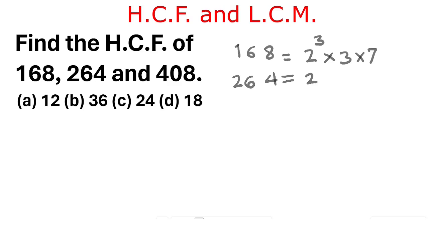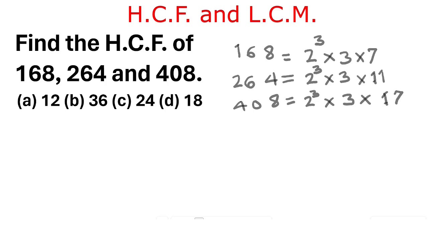This is 2 to the power 3 multiplied by 3 multiplied by 11. 408 is equal to 2 to the power 3 multiplied by 3 multiplied by 17.